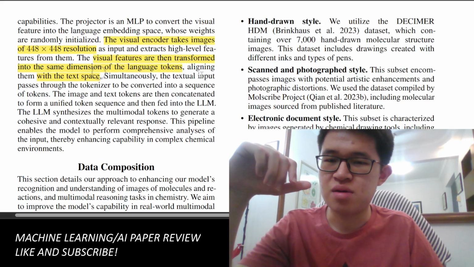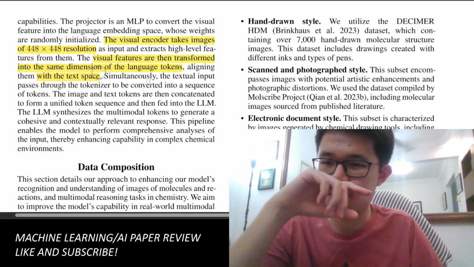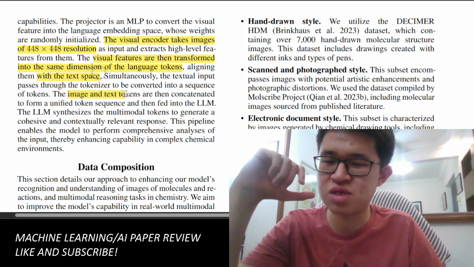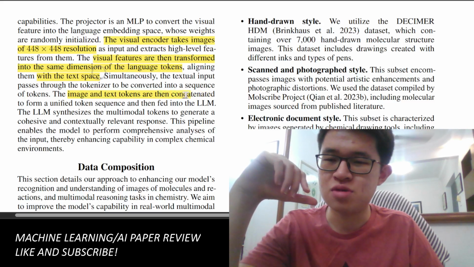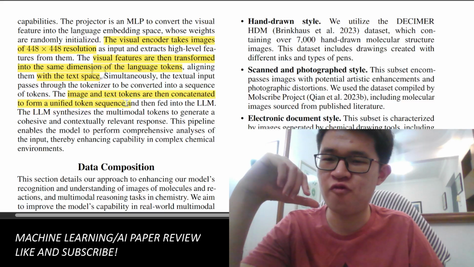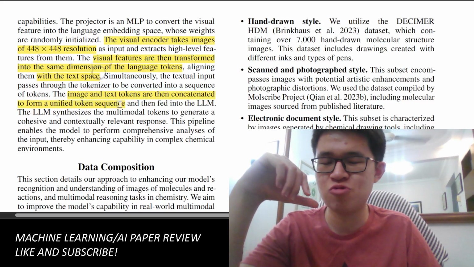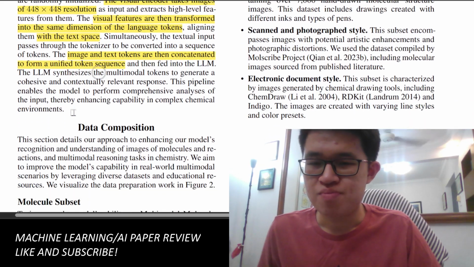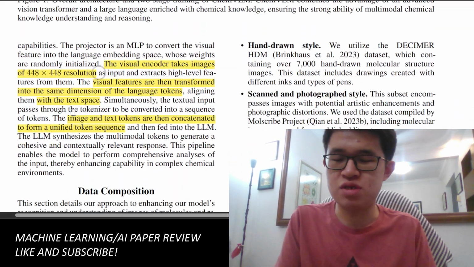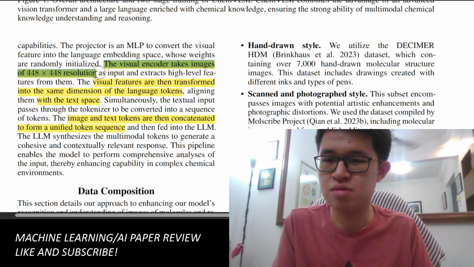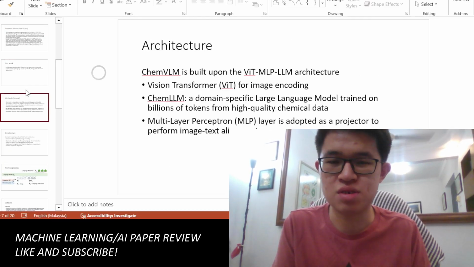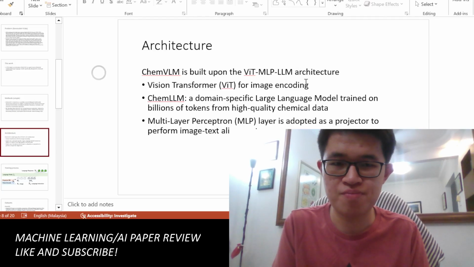The text tokens are fed into the LLM, and the image and text tokens are concatenated to form a unified token sequence, which is then fed into the LLM. That's pretty basic, but this info is more specific, and I think the audience would appreciate it a bit more. So I'm just going to put this right here.